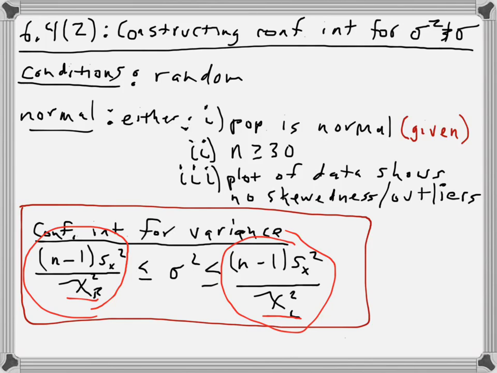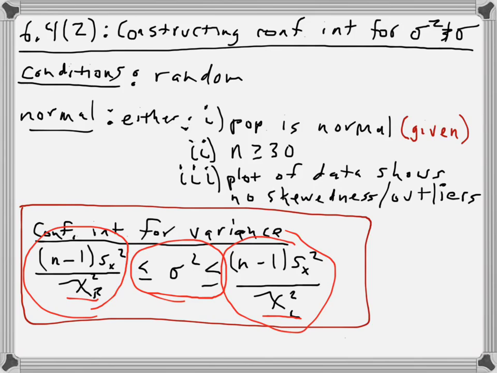Notice that what we're saying is that the actual population variance should be in there. Of course, we're not 100% certain, but depending on the confidence level, we're 90%, 95%, 99% certain that the actual population variance should be in there.